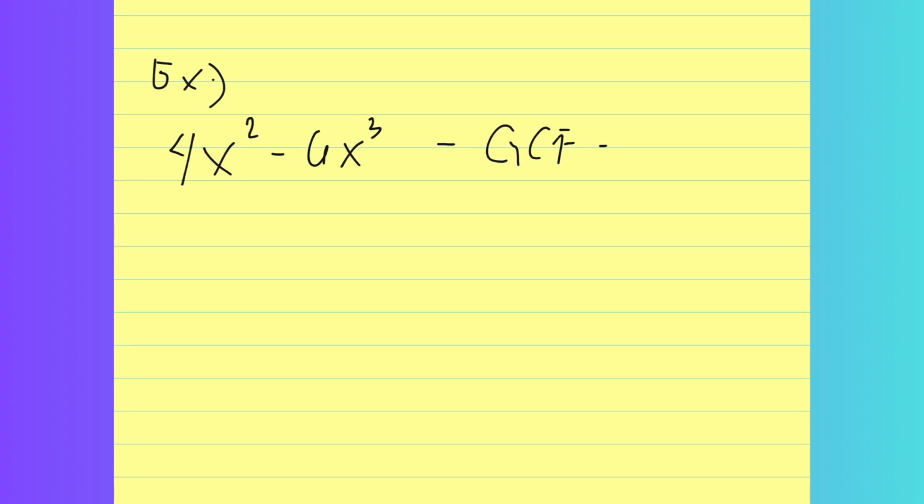Okay, first try to look at the leading coefficient of each term. Here in the first term we have 4, and in the second term we have 6. Now, find the greatest integer that divides each of the coefficients of the polynomial. If we have 4 and 6, the greatest integer that divides them both is 2.